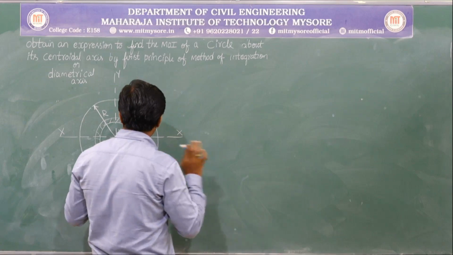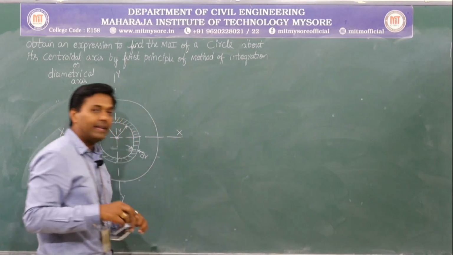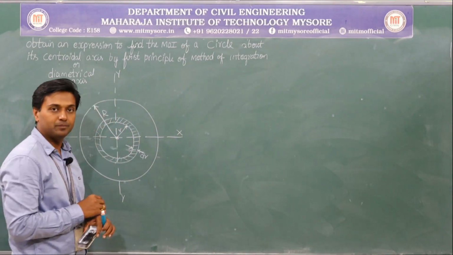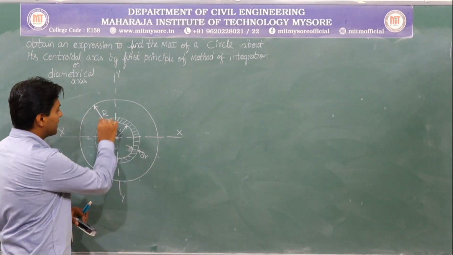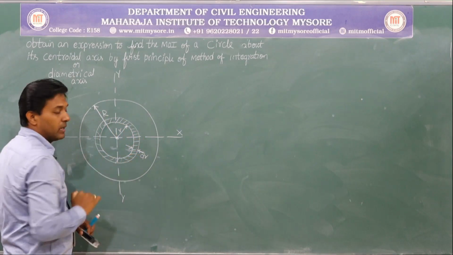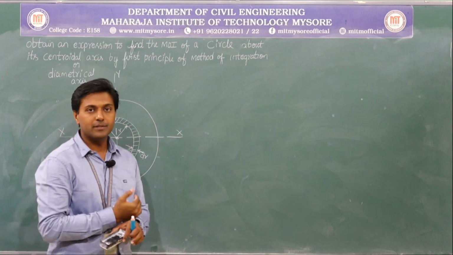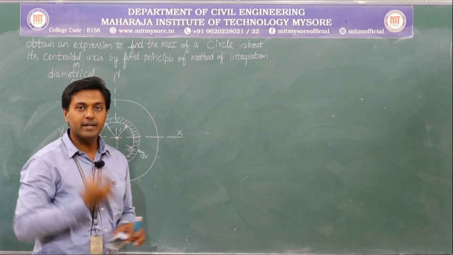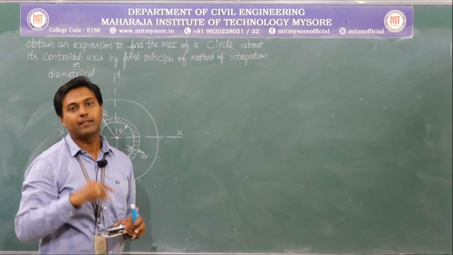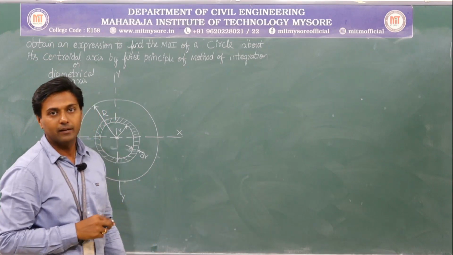Now before going into the main thing, how to calculate the area of this elemental strip? What is the circumference? What do you mean by circumference? It is the entire outer length of that particular circle. Okay.